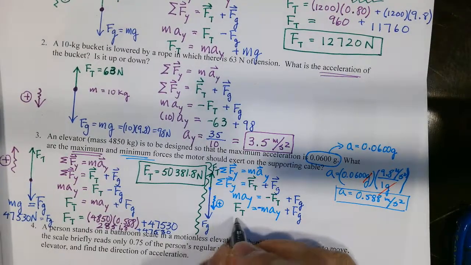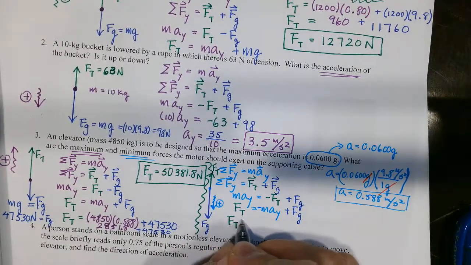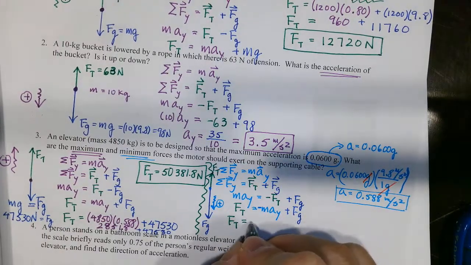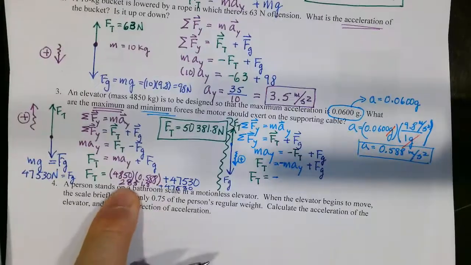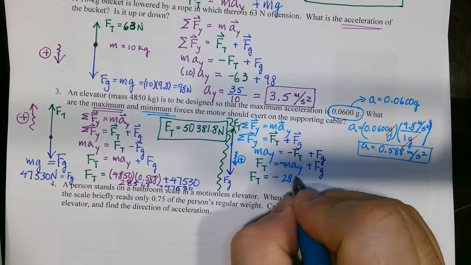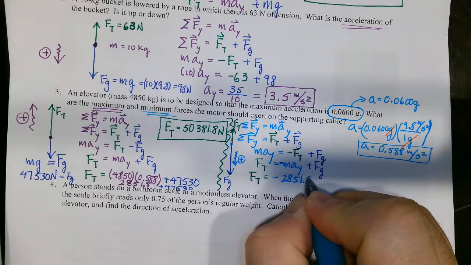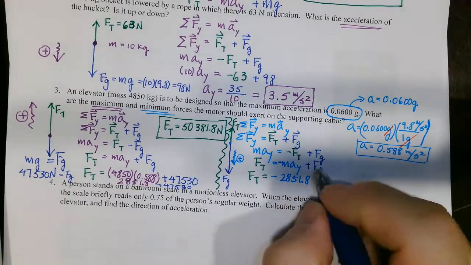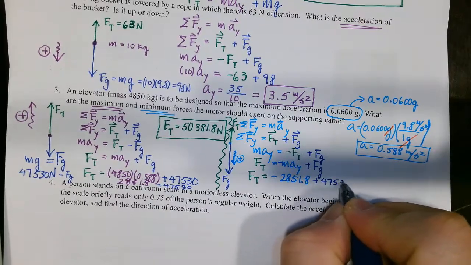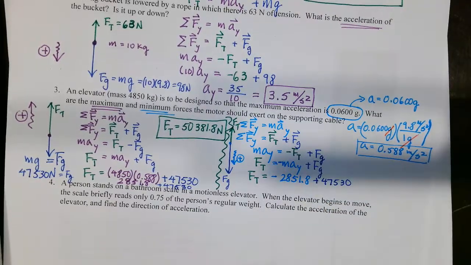So my force tension is equal to negative, it's the same value as this, right? 2,851.8 plus 47,530. All right?